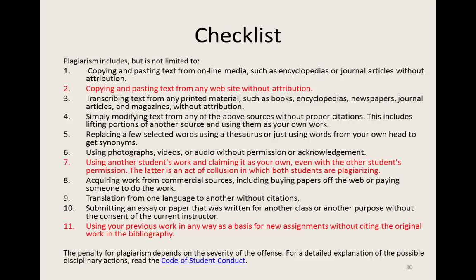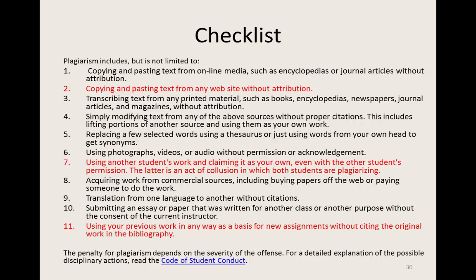Number 5, replacing a few selected words using a thesaurus, or just using words from your own head to get synonyms. Number 6, using photographs, videos, or audio without permission or acknowledgement. Number 7, using another student's work and claiming it as your own, even with the other student's permission, and the latter is an act of collusion in which both students are plagiarizing.